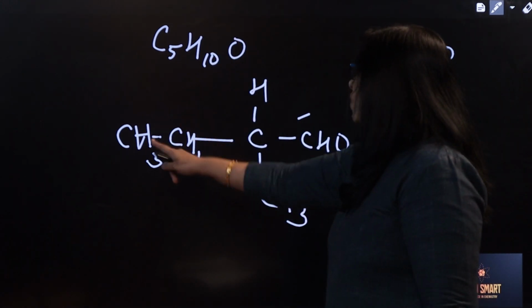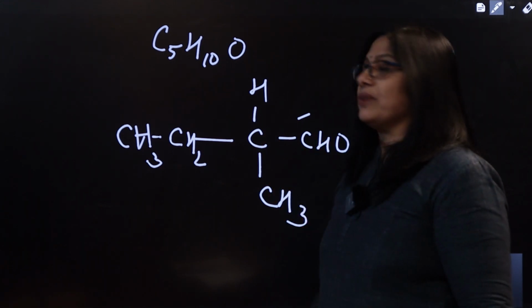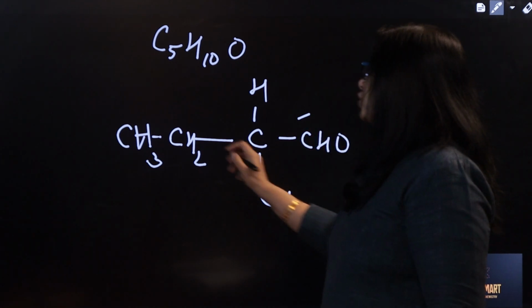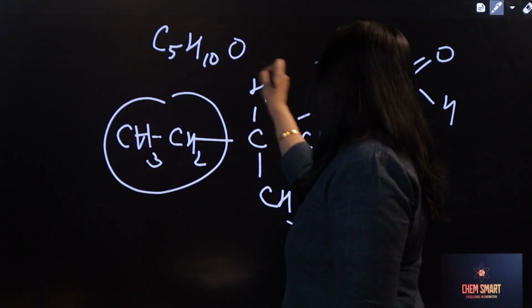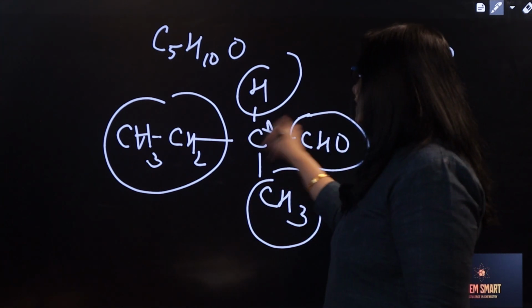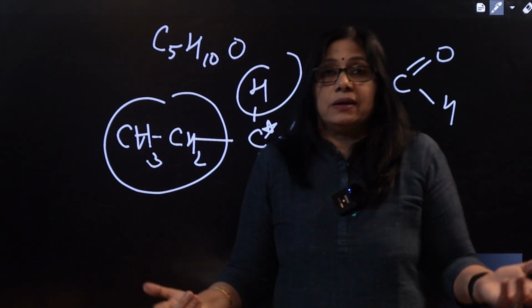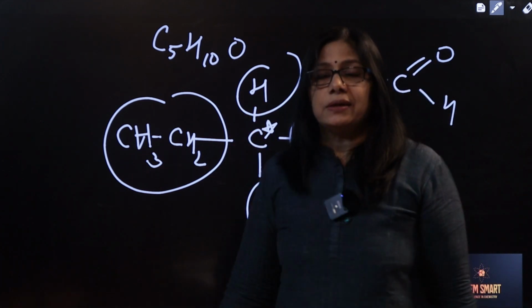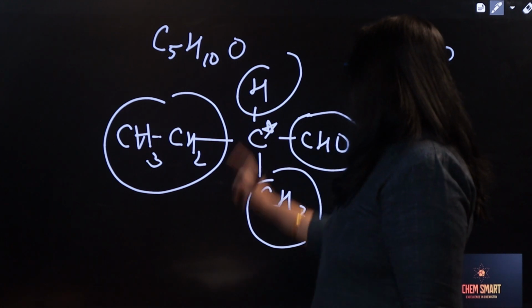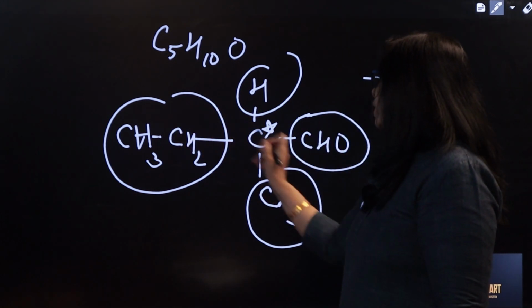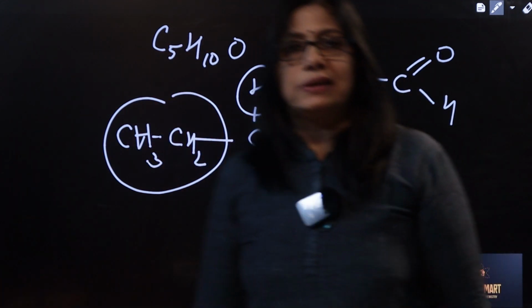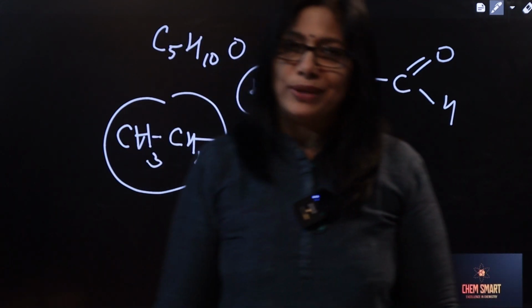Check: 1, 2, 3, 4, 5, C5. H: 3 plus 2, 5, 6, 7, 10. O. So this carbon has 4 different groups connected to it. So this is a chiral center. It's satisfying reduction of Tollens reagent as well as having a chiral carbon. So what is this actually? 1, 2, 3, 4. 2-methyl butanal. That is all about that question.